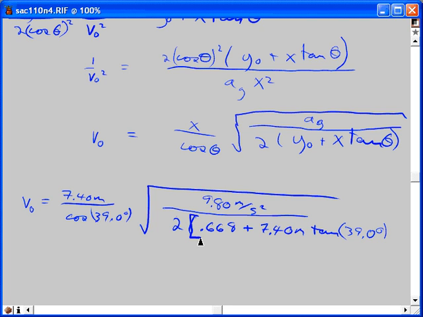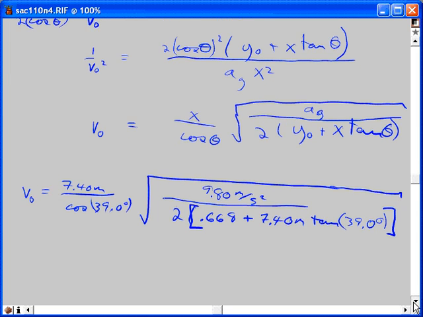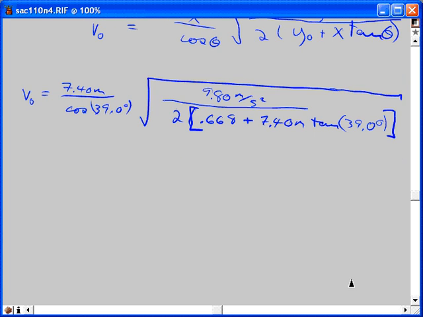And I'll make that a square bracket. Extend the square root all the way over. And go ahead and evaluate that on the calculator. And I get v0 is equal to 8.167, 7. I'm keeping too many sig figs. I'll call that a 3 as the next digit, rounded.